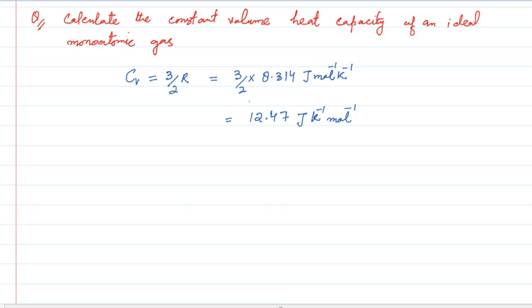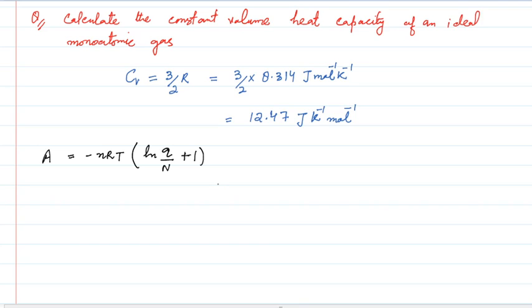So now we will move towards the work function. Now this work function A in terms of partition function is equal to minus nRT ln of Q upon N plus 1.